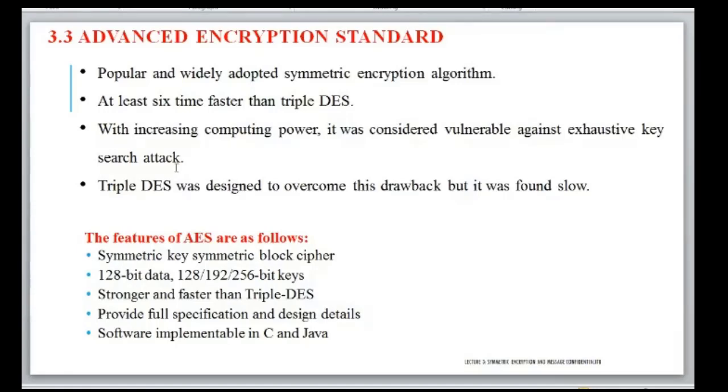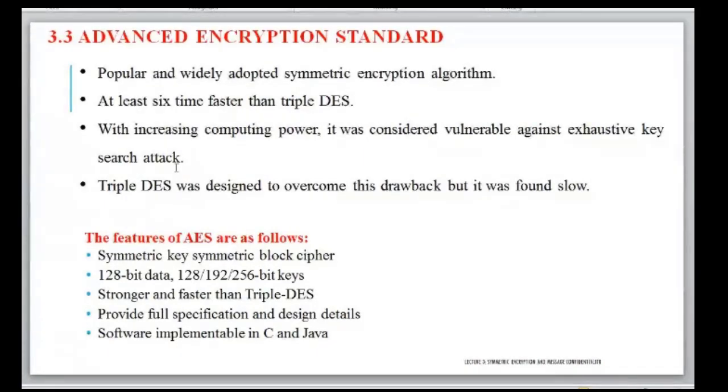Not only for AES. If you take any symmetric key encryption, the major issue is sharing the keys. We use only one key for both encryption and decryption, and giving or exchanging this key is going to be a big issue in any symmetric key encryption. That is the vulnerability here.